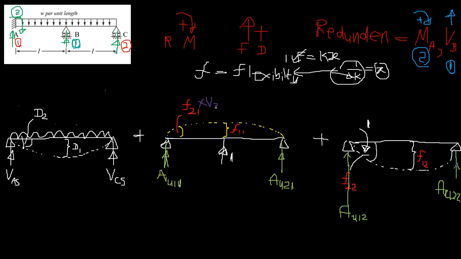If you multiply it by VB, this will be your actual displacement for a VB force, right? Just need to multiply it by VB.